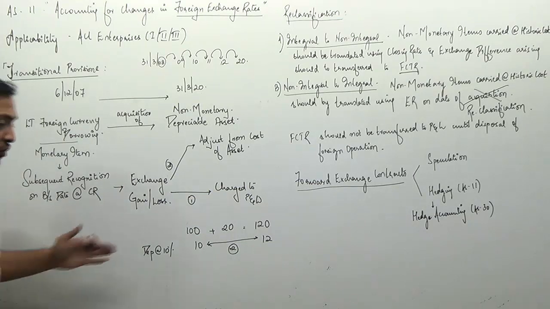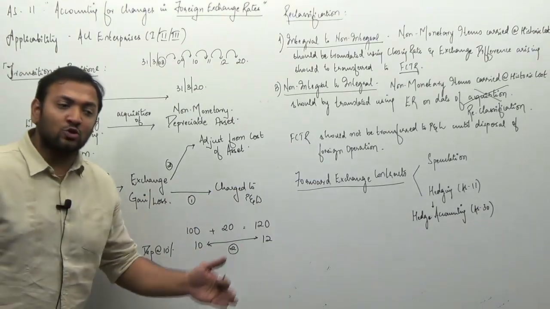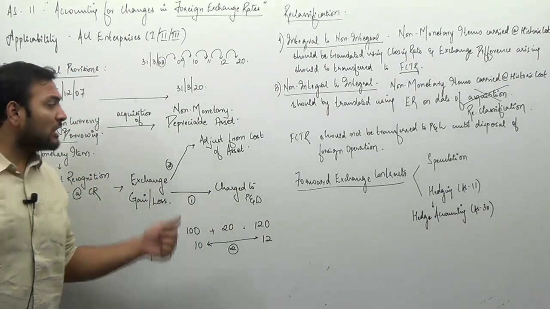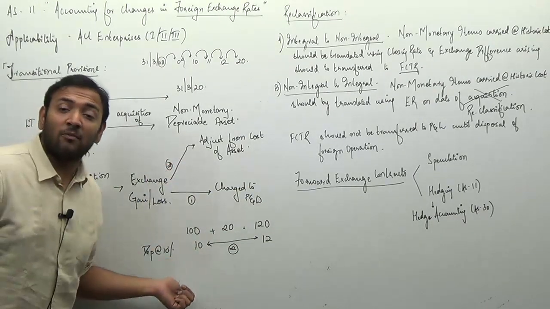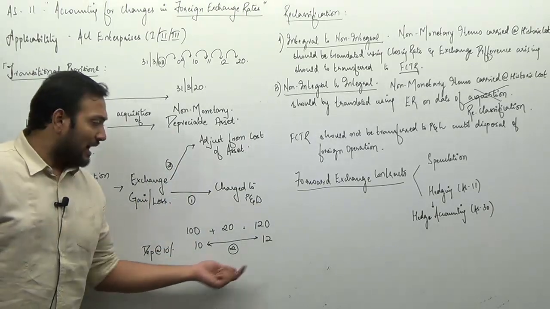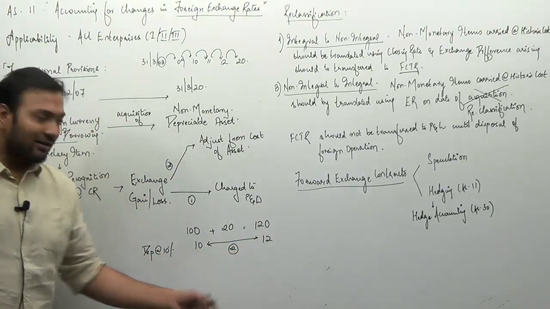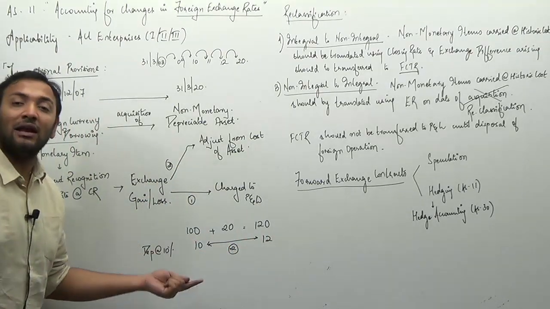So what will happen over the life of the asset? 2 rupees extra keeps on debiting to P&L, but not in the form of an exchange loss, but in the form of depreciation. At the end of the day, 120 rupees completely should be written off to P&L. Here, how much is written off to P&L? Only 100.